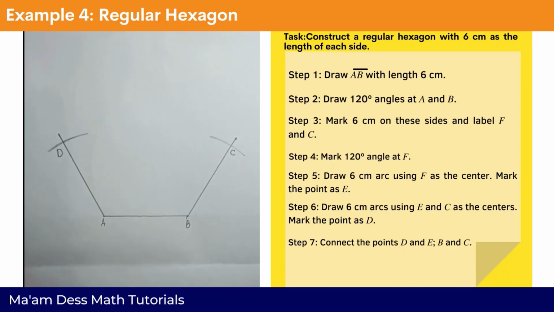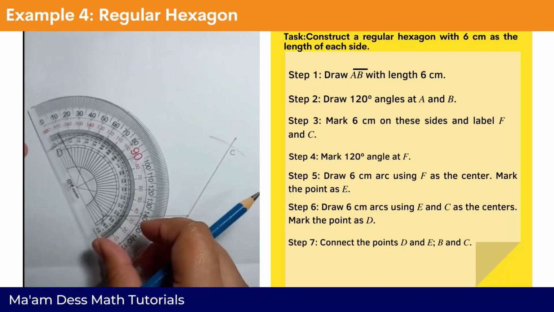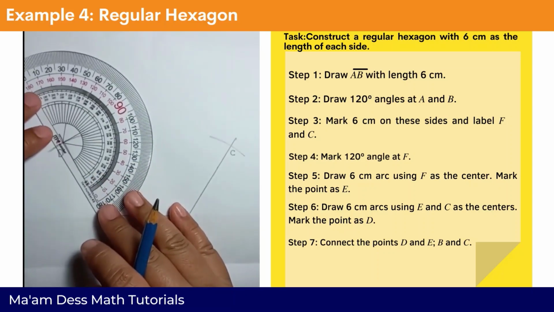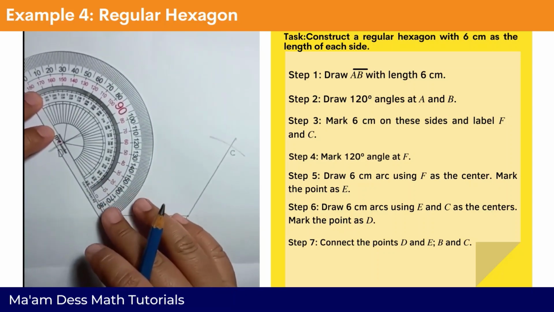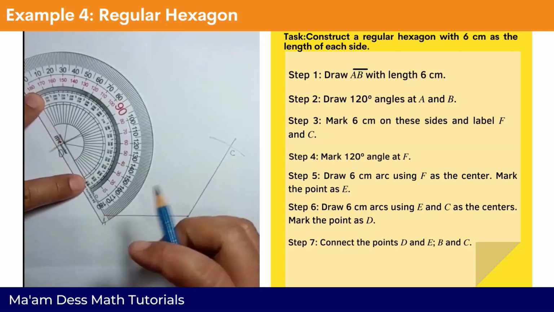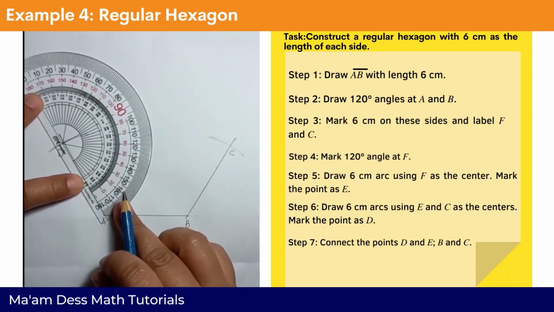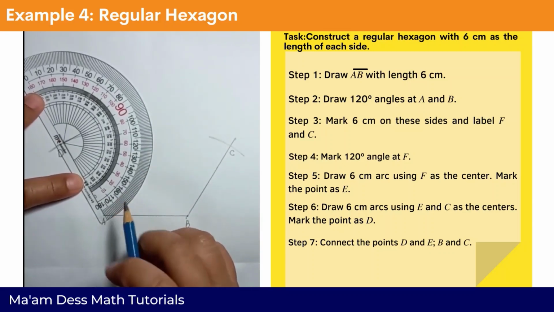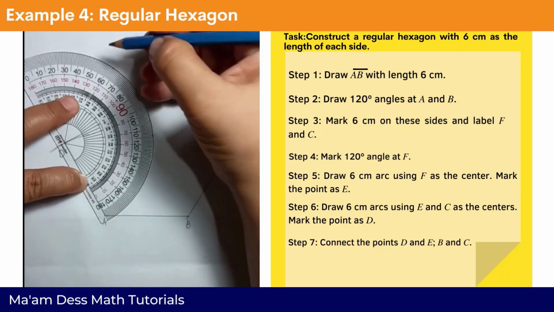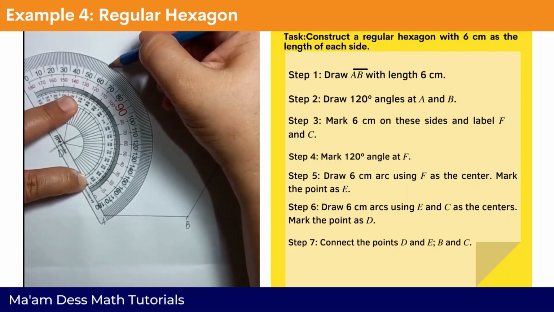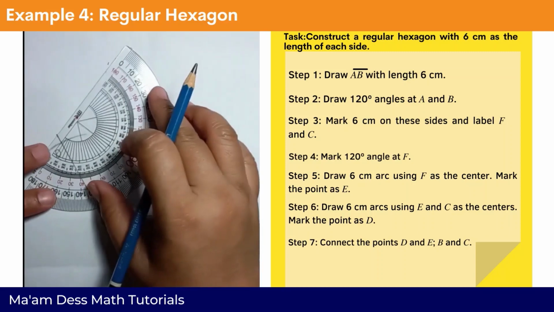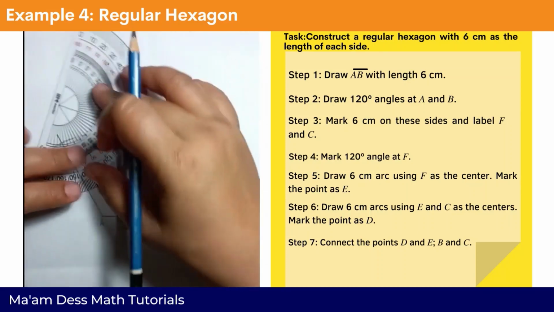Okay, so from this intersection, let us draw again the side of your hexagon. So again, pointing at 0. Okay, then look for 120 degrees. Then again, connect the sides.